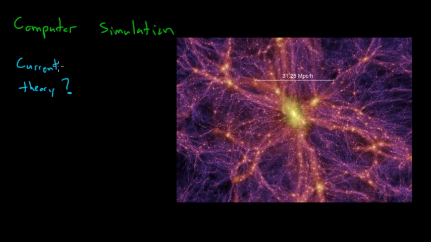So we have our current theory, and we have some initial conditions. If we're saying that two galaxies are going to be colliding with each other, and we're going to simulate that, how do those galaxies actually start out? Like, where do they start? How fast are they going when they start out? So we have some kind of initial conditions.